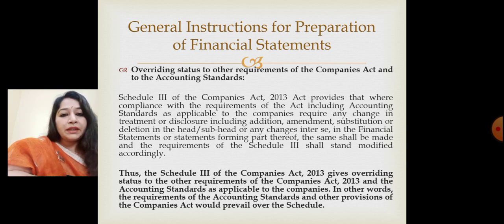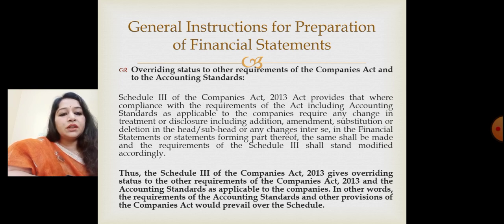Schedule 3 of the Companies Act 2013 provides that where compliance with the requirement of the Act, including accounting standard as applicable to the company, requires any change in the treatment or disclosure, including addition, amendment, substitution, or deletion in the head, subhead, or any change inter se in the financial statement or statement forming part, the same shall be made. The requirement of Schedule 3 shall stand modified accordingly.